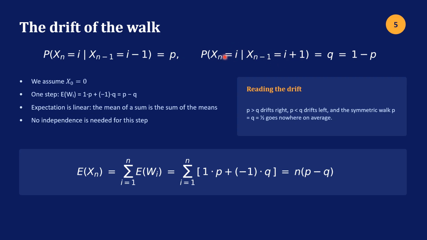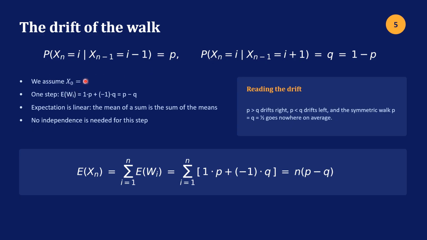So this probability is Q. It's just 1 minus P. So it's just saying that the probability for this particular random walk is P for going to the right, and 1 minus P for going to the left. That's all we're saying here. And in the simulations I showed you, in the symmetric case, P is 1/2 and Q is 1/2.